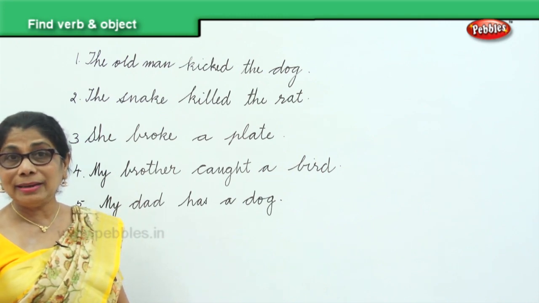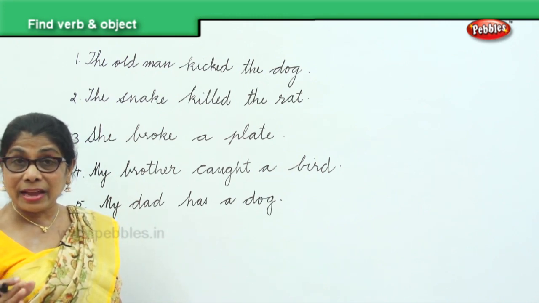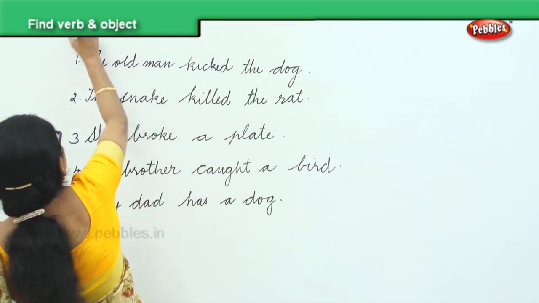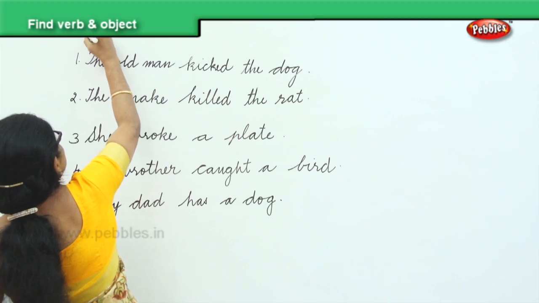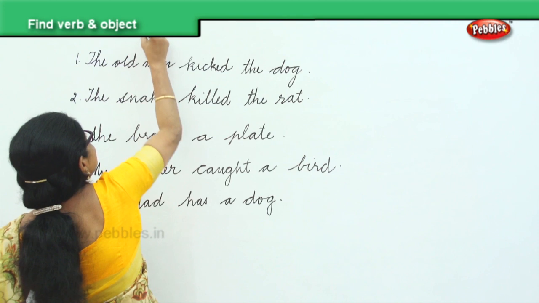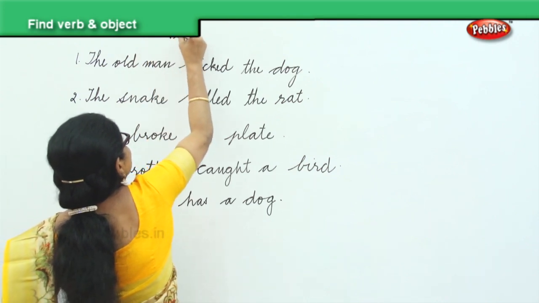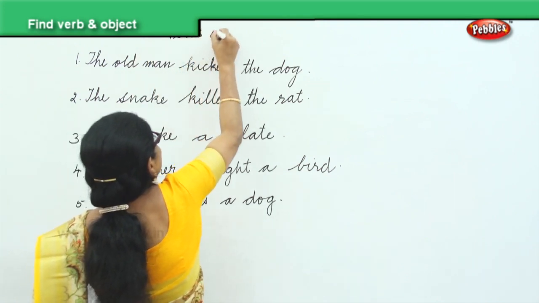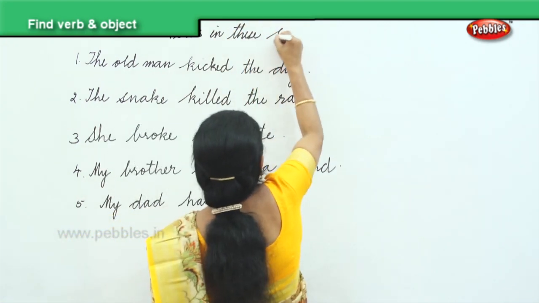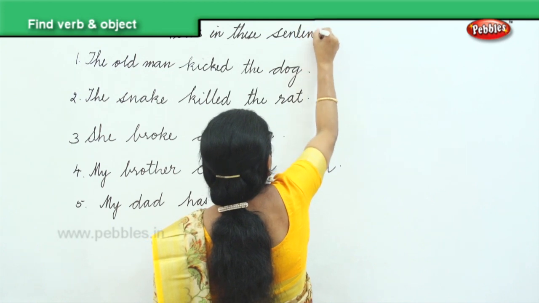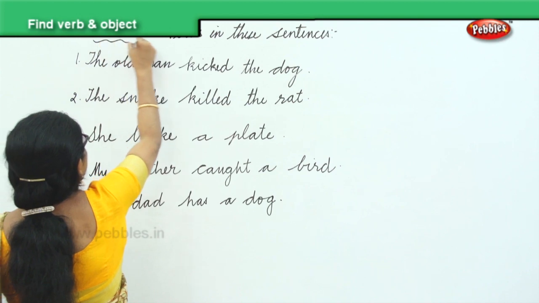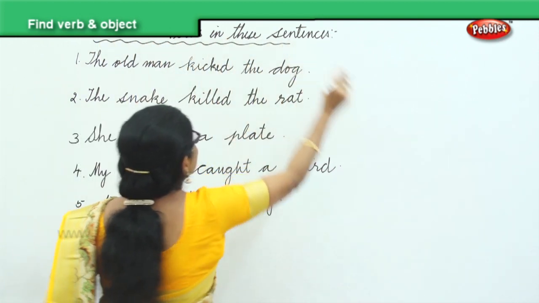So we are going to circle the verbs. What are we doing here? Identify and circle the verbs in these sentences. So we have sentences here and we are supposed to circle the verbs.